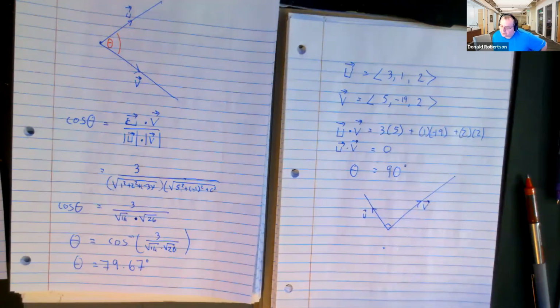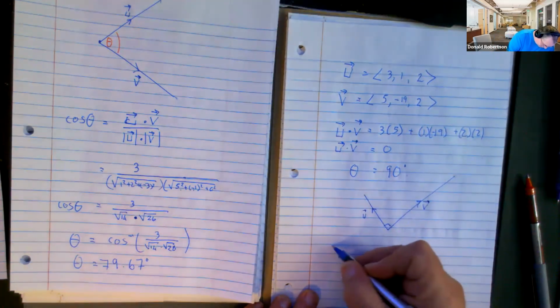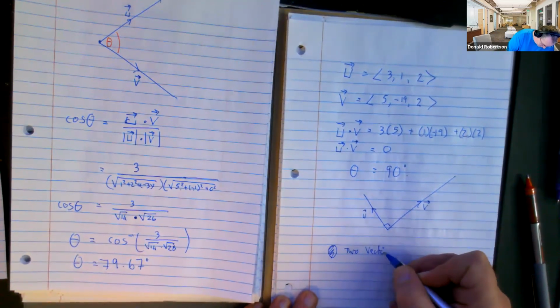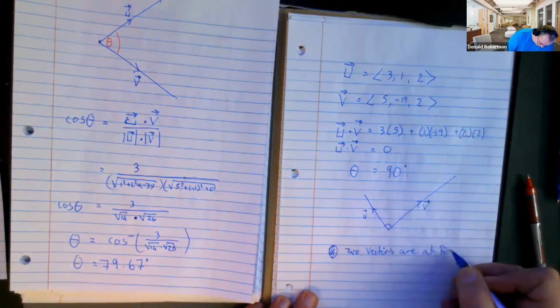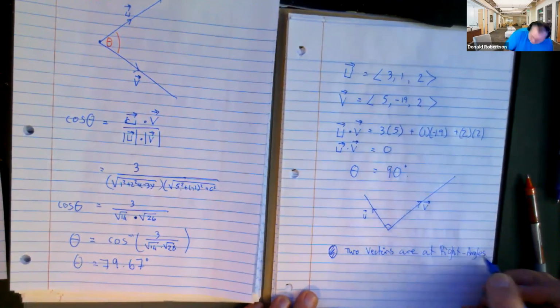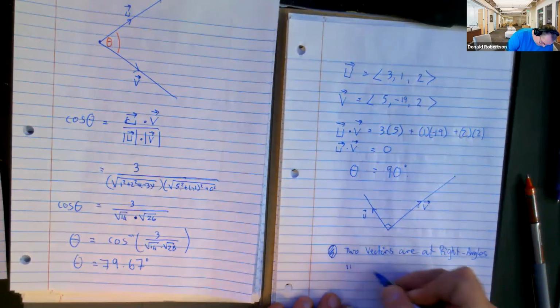Pretty cool, the dot product. Now, 90 degrees is fine. You could say that the two vectors are at right angles. Have you used that phrase in the vector world? Two vectors are at right angles? Or have you used this one?